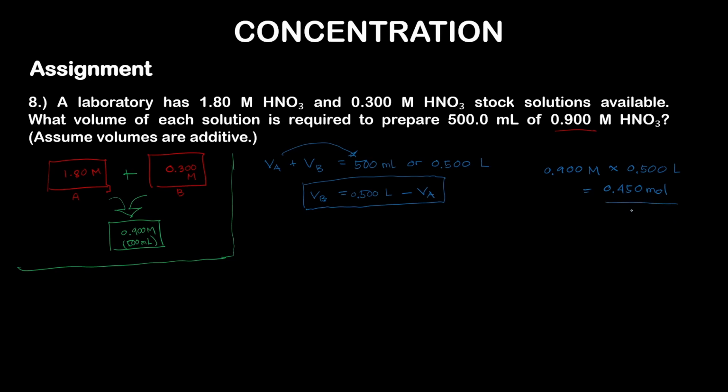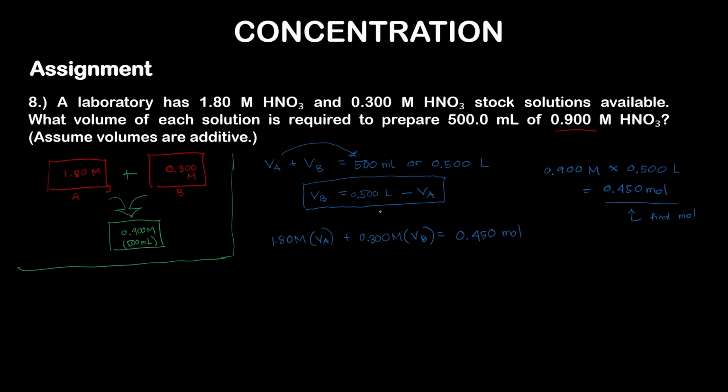This is the final mole of the solution. So we can say that 1.80 molar, which is the concentration of stock A, times VA, we can calculate the moles here. If you add this with stock B concentration times VB, this should be equal to the final mole, right?